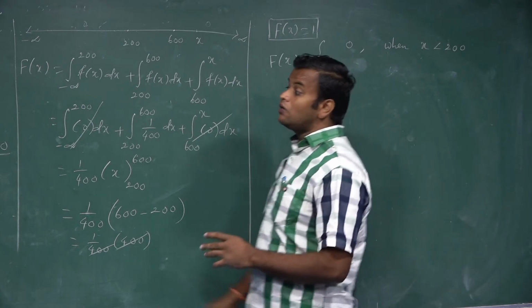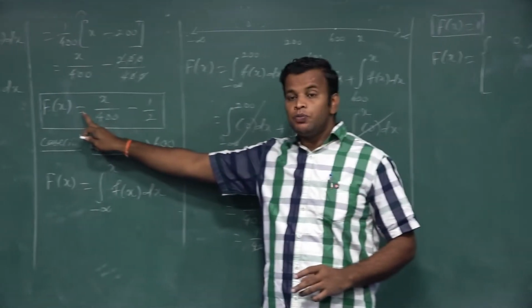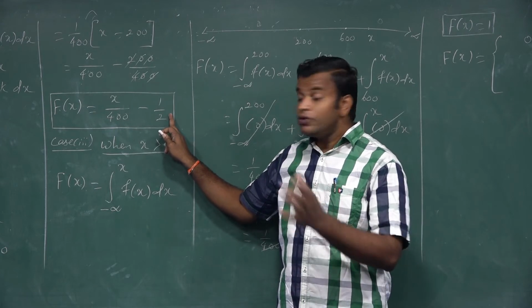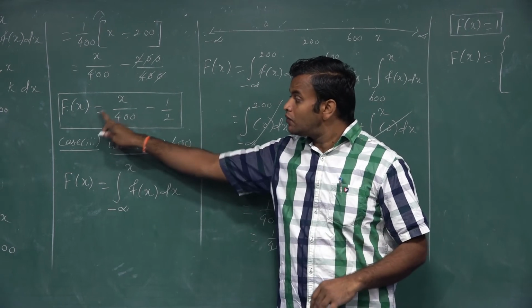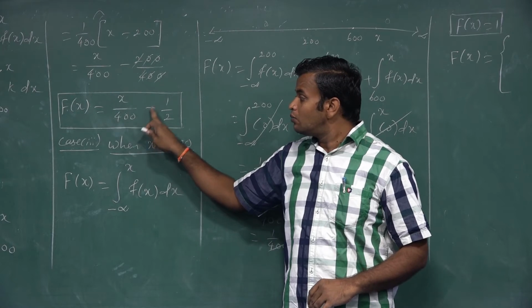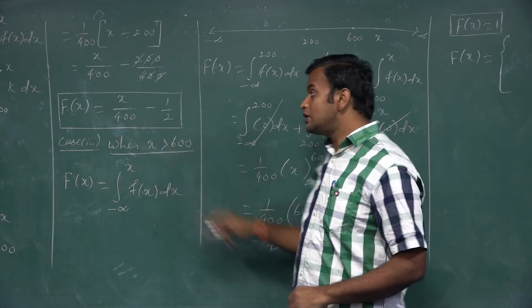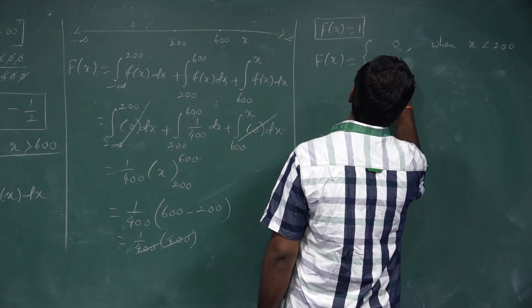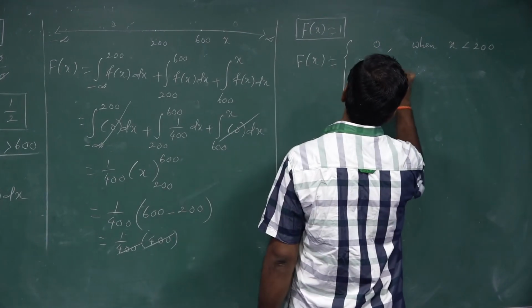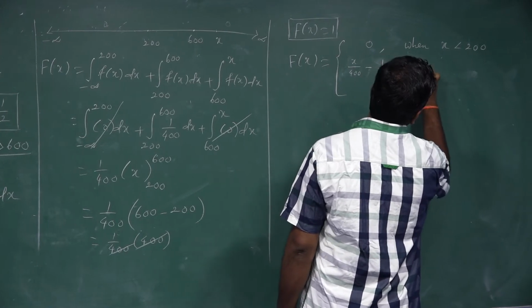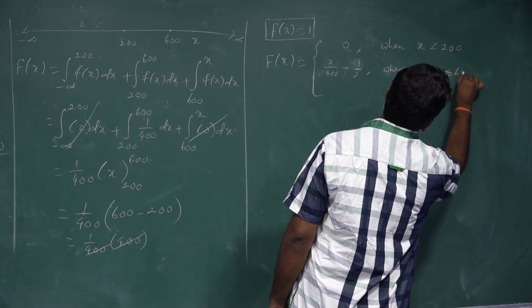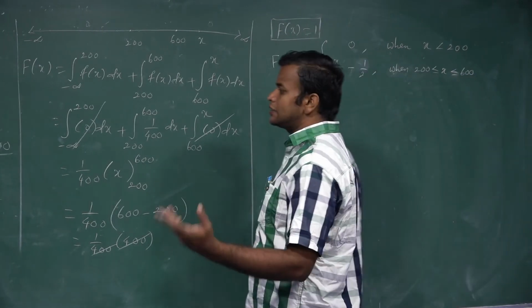You see the value of f of x is x by 400 minus 1 by 2. We write here x by 400 minus 1 by 2, it is possible when 200 is less than or equal to x is less than or equal to 600. The second case is over.